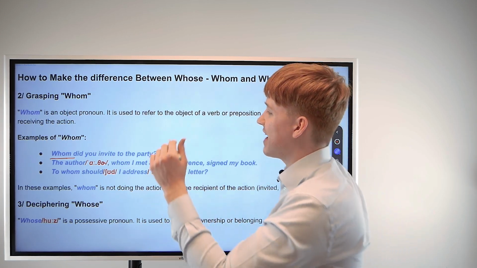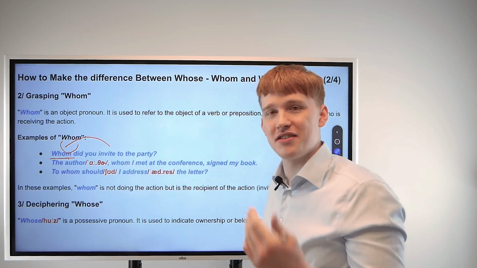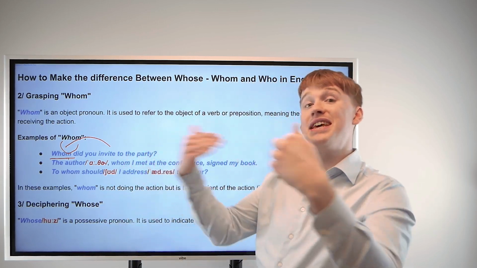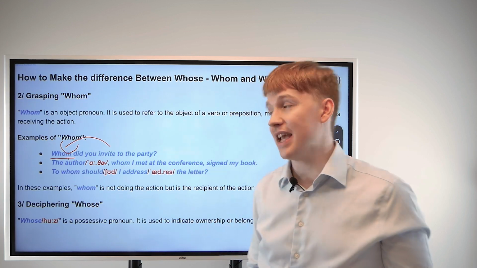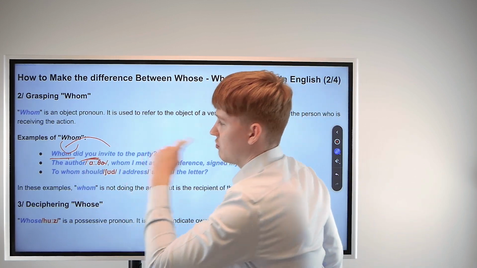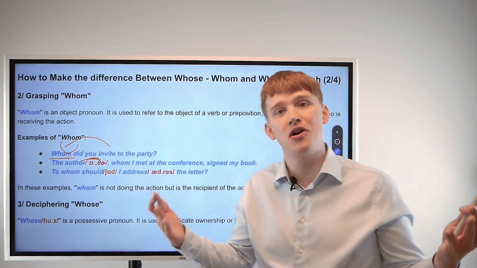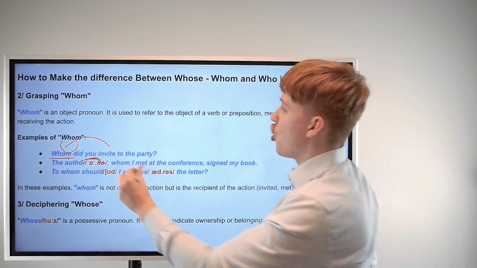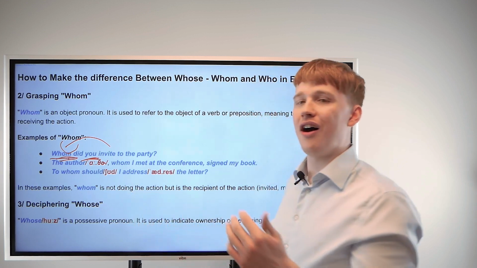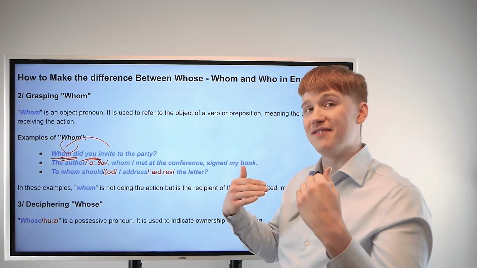No, it means that this person is being invited. This person had the invitation given to them. So the person who gave the invitation was you. You is the personal pronoun, the subject here. Whereas whom, you're asking about who was invited, who received that.